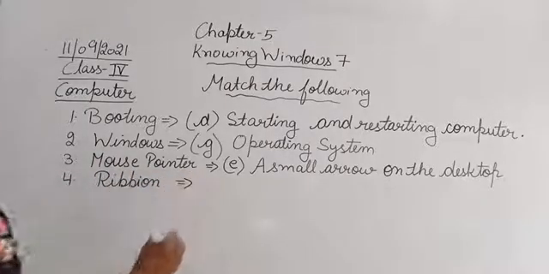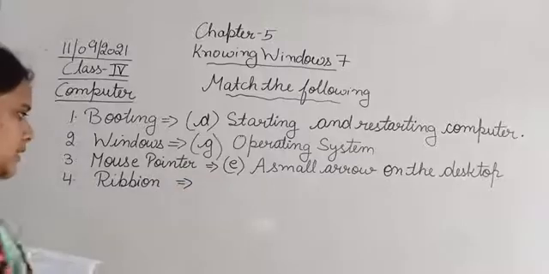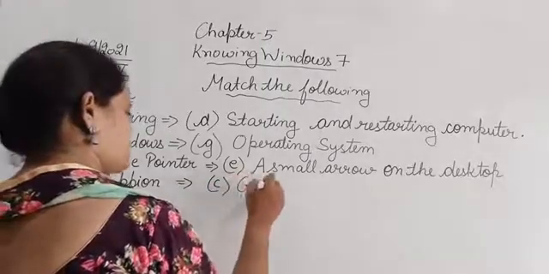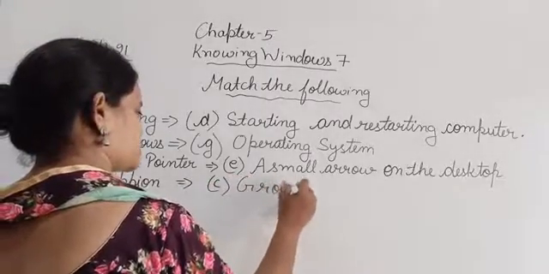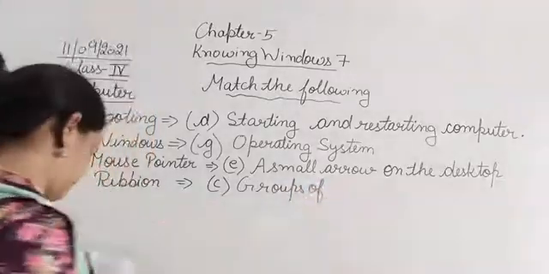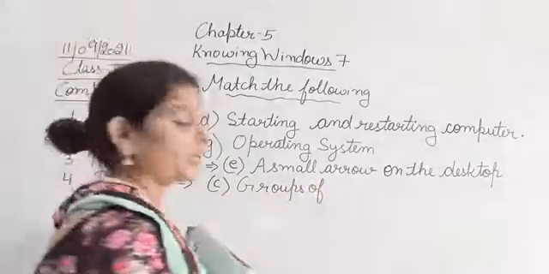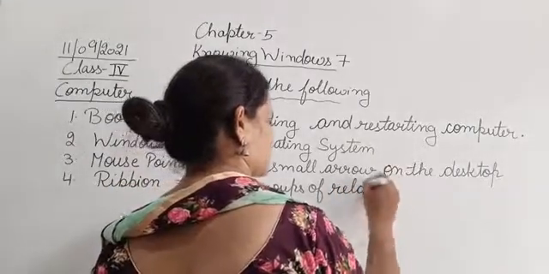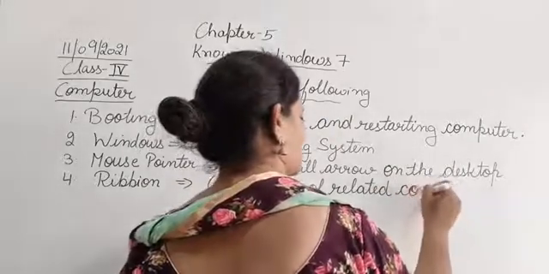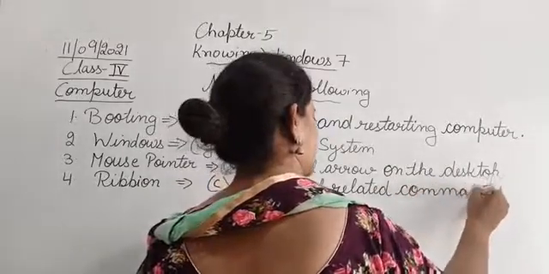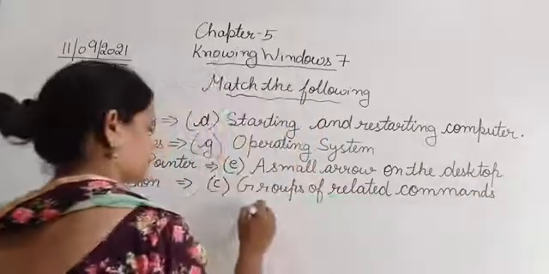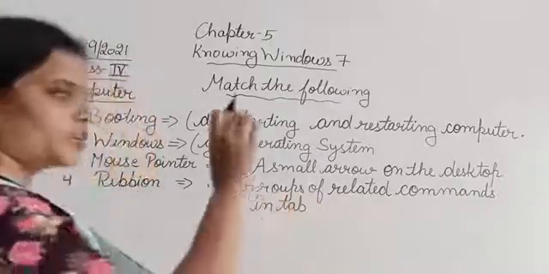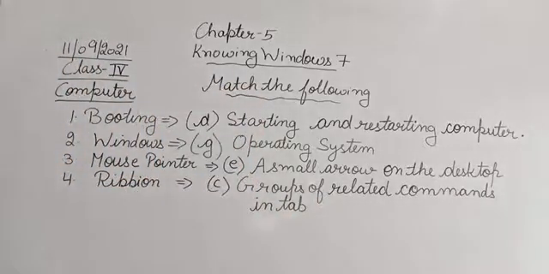That is option number C. Groups of related commands in tabs. Okay, तो छोटी commands होती हैं, that is known as ribbon.